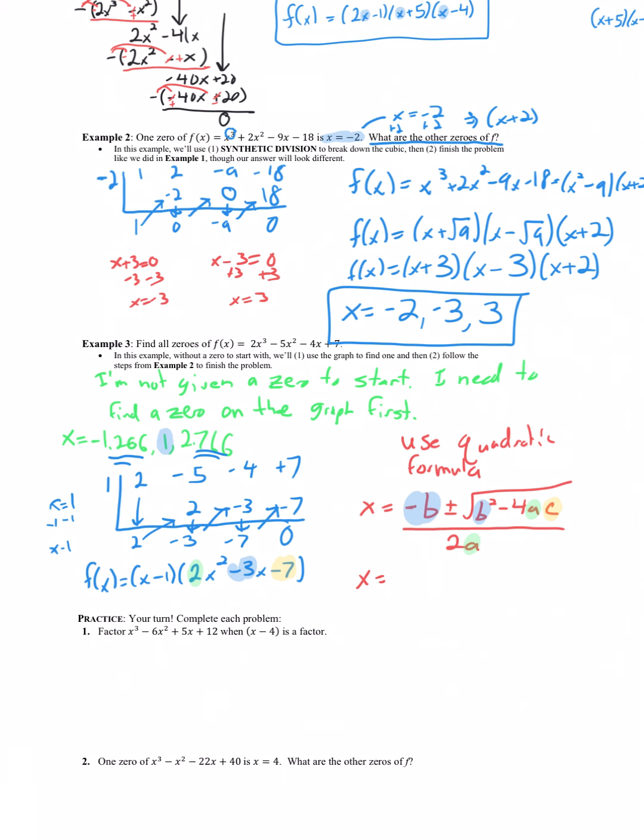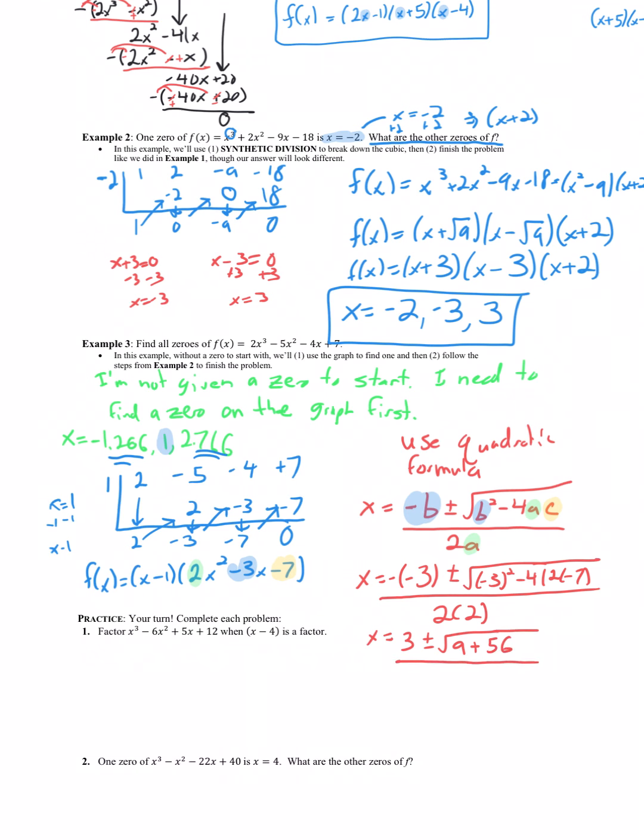X equals negative times -3, plus or minus the square root of -3 squared minus 4 times 2 times -7, over 2 times 2. Four times 7 is 28, times 2 is 56, all over 4.